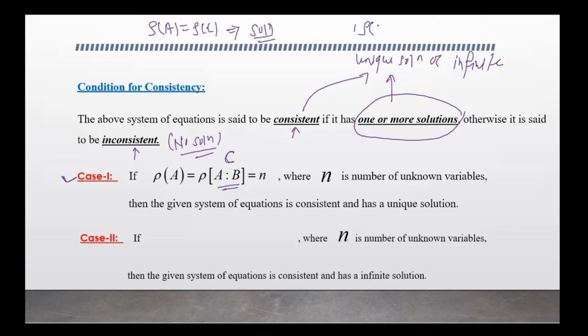And if the rank of A is not equal to the rank of C, the system has no solution. Okay. So if there is no solution, the problem ends here. The system is inconsistent. But if it has a solution, then it may be a unique solution or an infinite number of solutions. So it depends upon n.